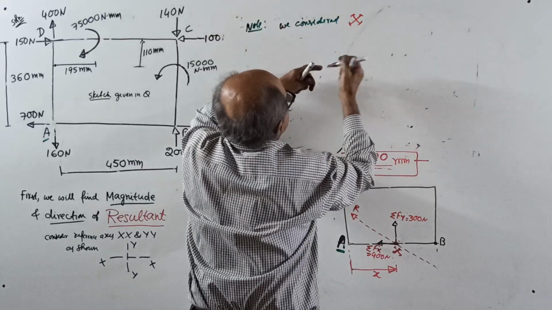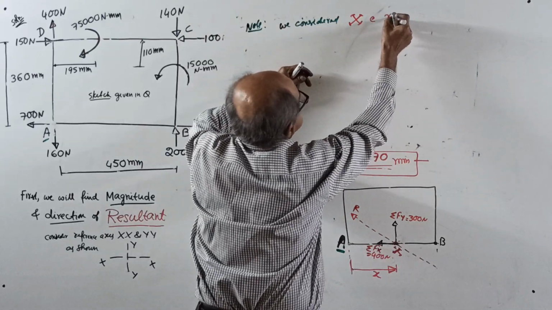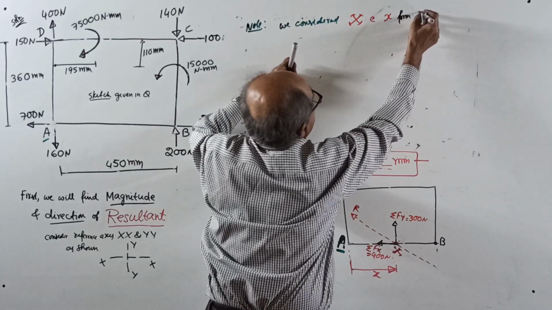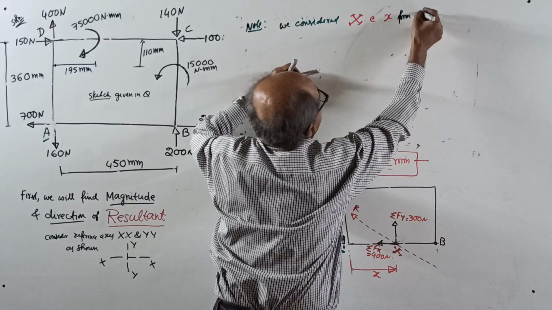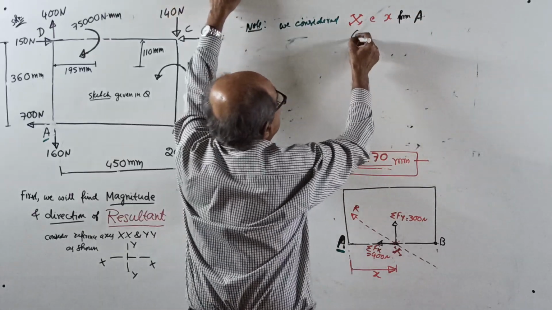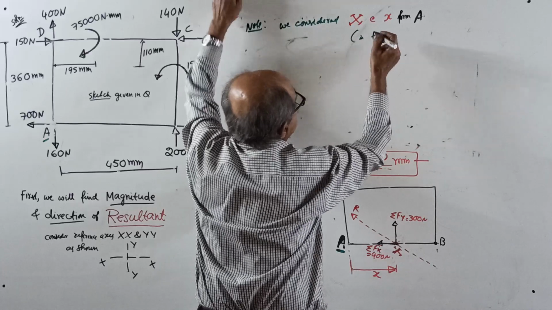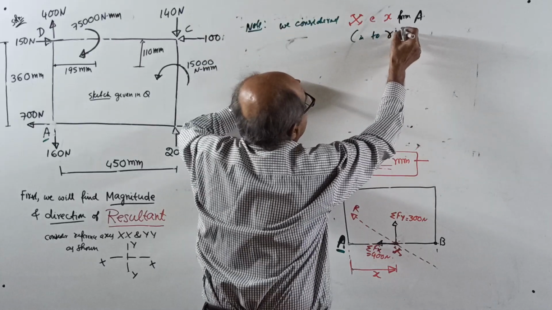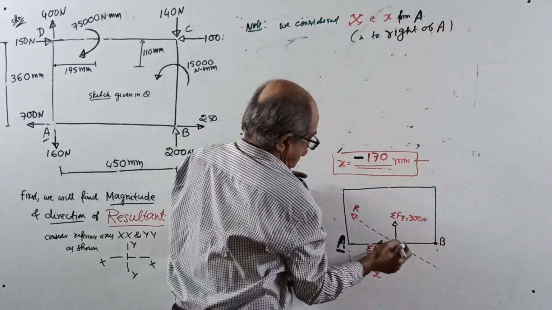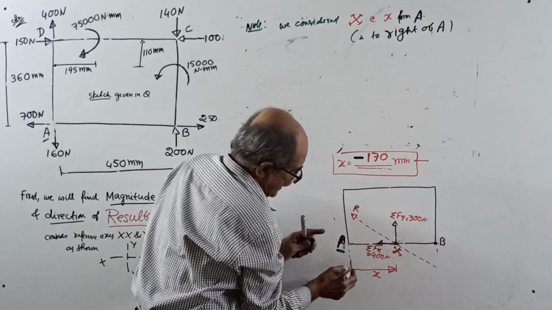Point x at small x from A. Small x from A. From the point A. Okay. And A means what? That is to which side? Right of A. See here. We took the point x from A. See the arrow mark here?